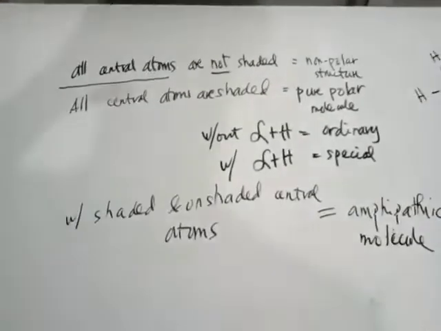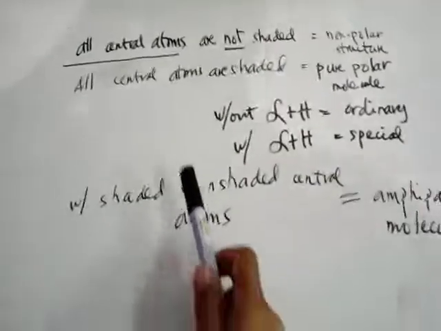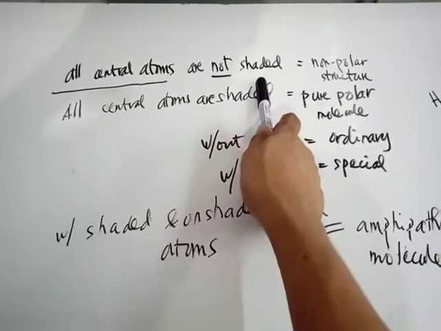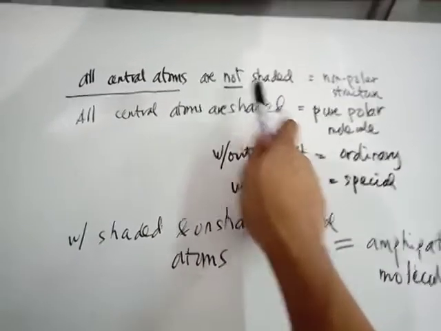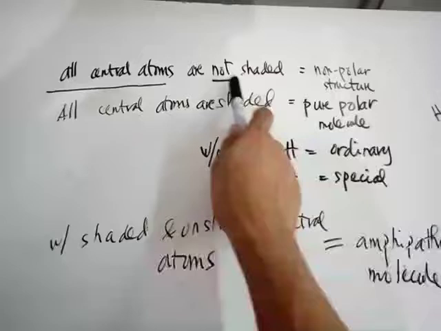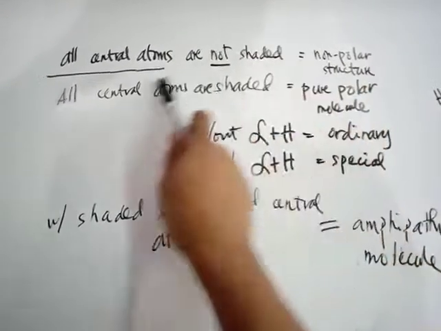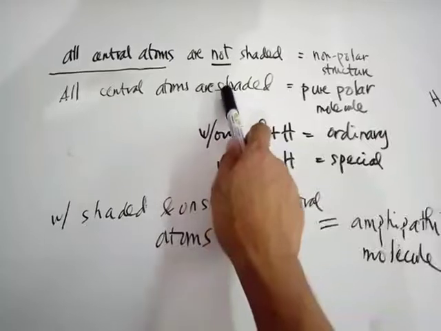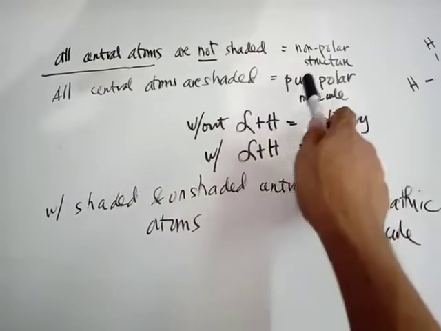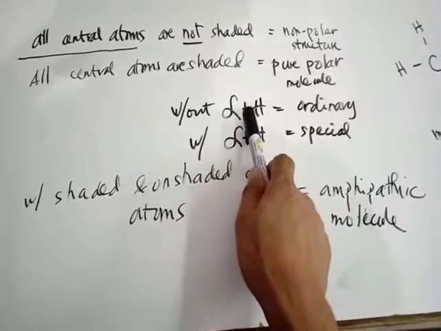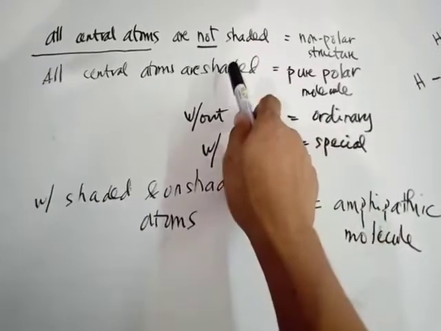Now, this is also important. If no central atom is shaded, then there is a non-polar structure. If all central atoms are shaded, then there is a pure polar molecule. Without partial hydrogen, that's just an ordinary pure polar.